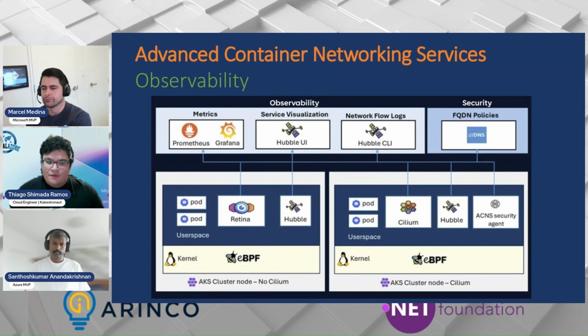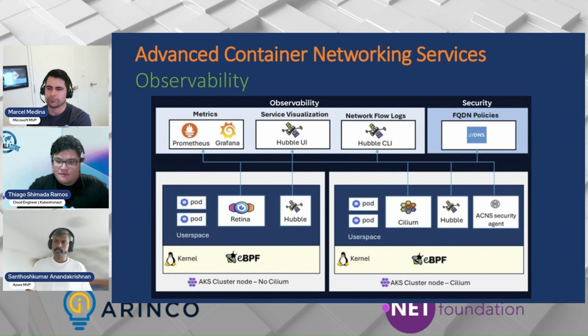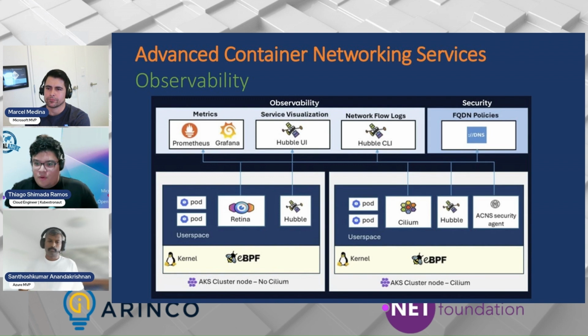So once you have the cluster up and secure, our next mission is visibility and control over everything. For that, we have Advanced Container Network Services, which give you observability for both Cilium and non-Cilium based networks.